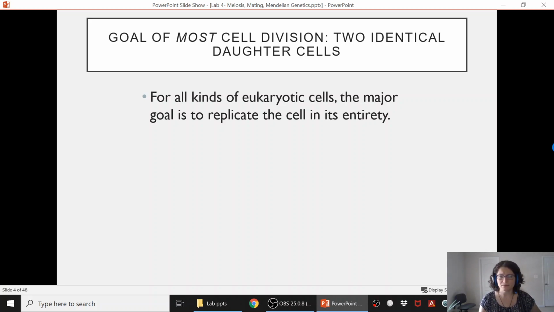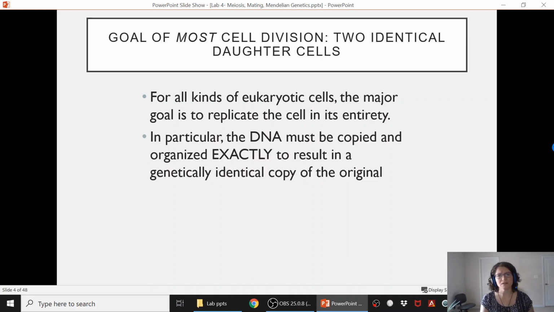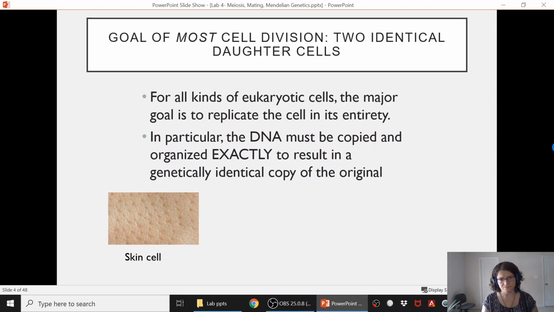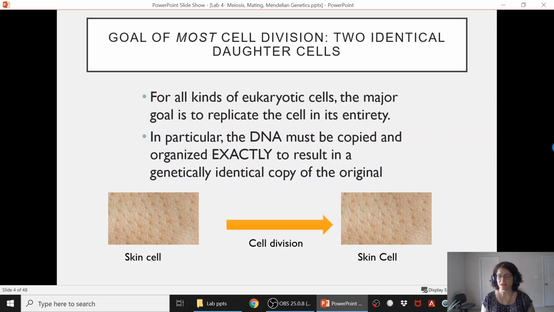Okay, and we're going to talk a little bit about how the chromosomes work. The DNA is copied and organized exactly. You want a genetically identical copy of the original. This means that you go skin cell and have cell division and you still have a skin cell. This gives you an exact replica.